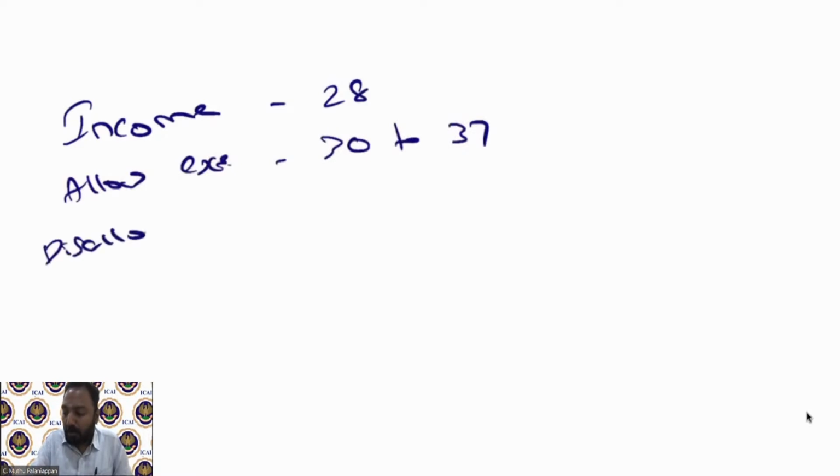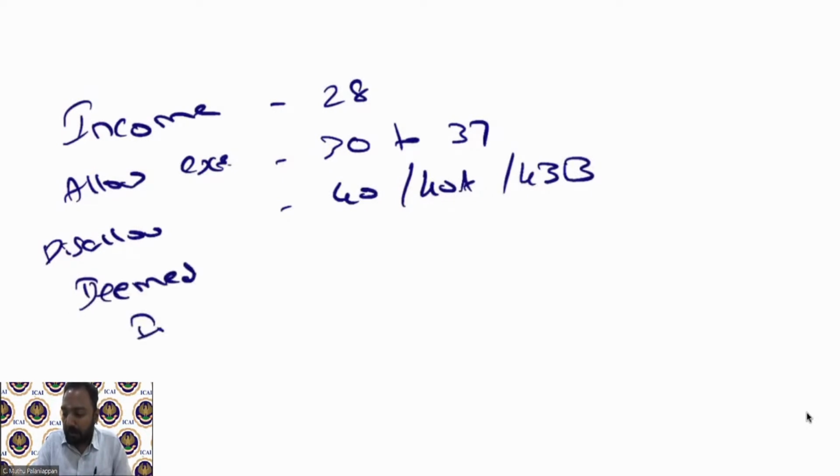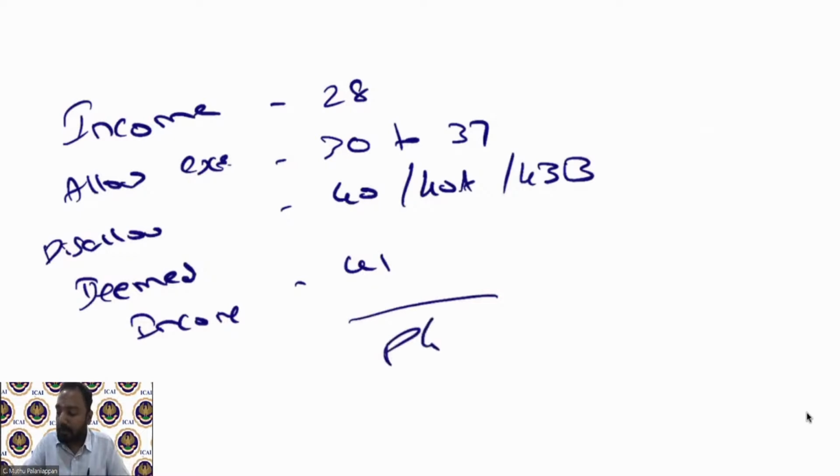Disallow, that is, not allow expenses covered under 40, 40A and 43B. Then treat it as deemed income under section 41. So after doing all this, you finally get your PGBP, what is taxable as PGBP. So that's what you cover.